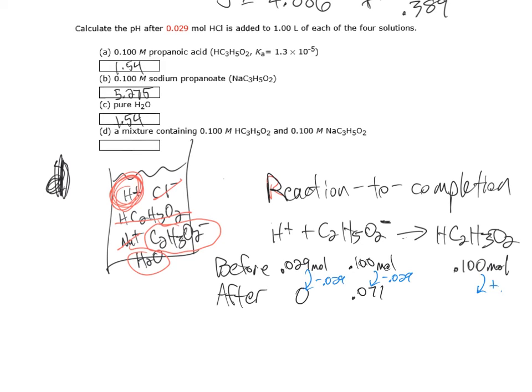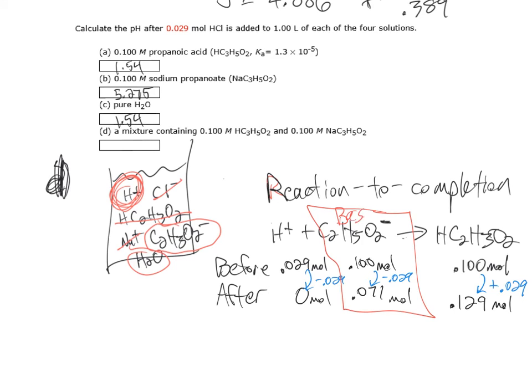And on the other side of the equation, rather than going down, we'll see an increase by the same amount, 0.029. So if we take 0.1 and add 0.029 to it, we have 0.129. These are all numbers of moles. Now we've got a nice accounting for all of the species that exist after the reaction to completion.